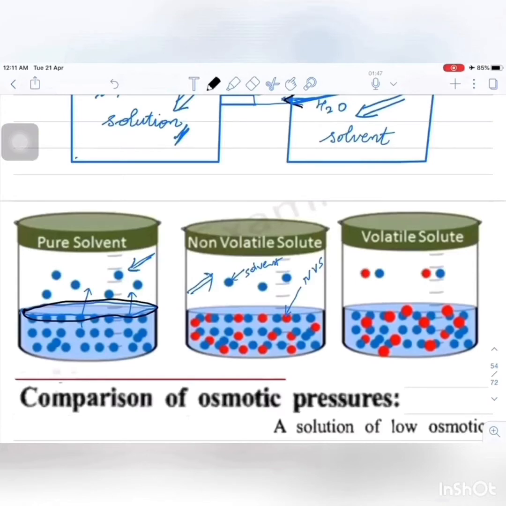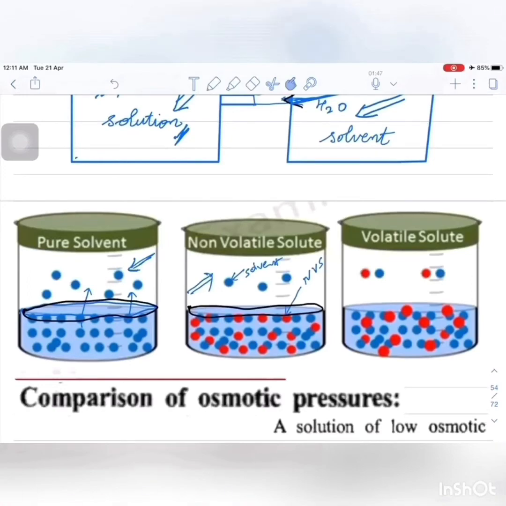When non-volatile solute, here red molecules, is added to solvent molecule, some of the surface of solvent is covered by NVS. Now, available surface with solvent molecules to escape into gaseous phase is decreased.